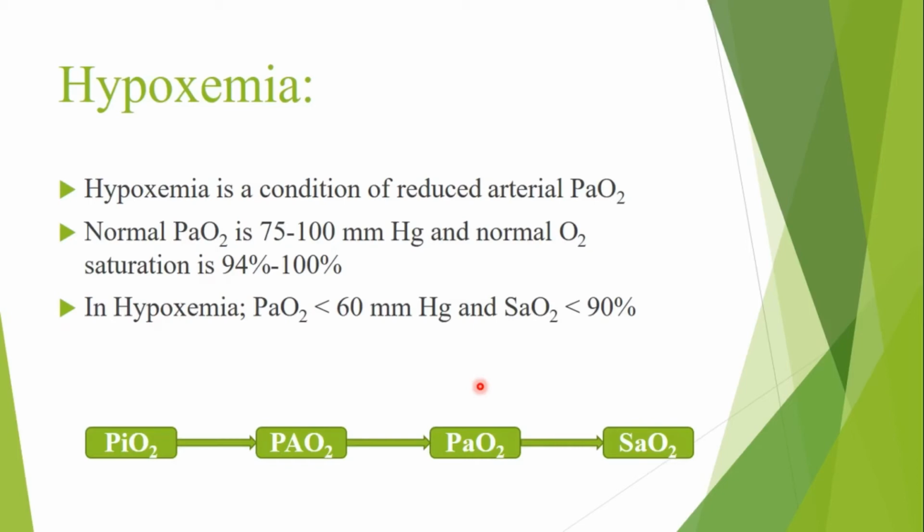And in hypoxemia, the partial pressure of oxygen is less than 60 millimeters of mercury, and the oxygen saturation is less than 90%. And the normal partial pressure of oxygen in the arteriole depends on the percent of inspired oxygen, depends on the ventilation of the lung, depends on the perfusion of the lung, and it also depends on the diffusion of oxygen from the alveoli into the pulmonary capillaries.